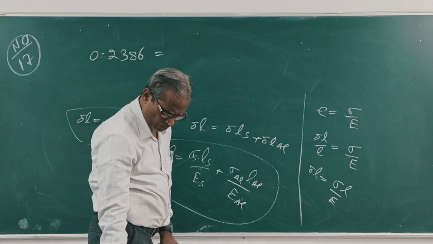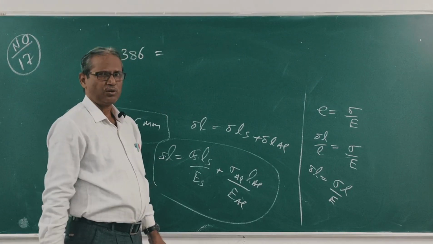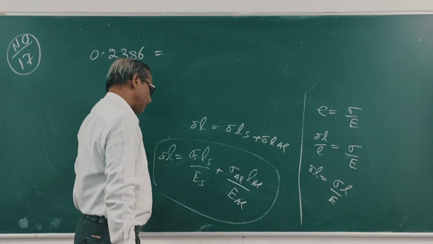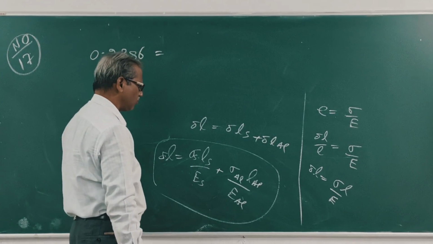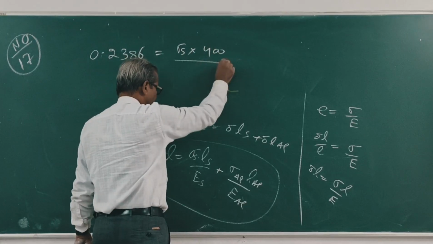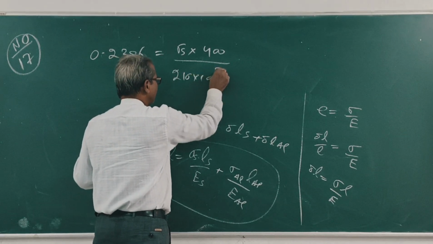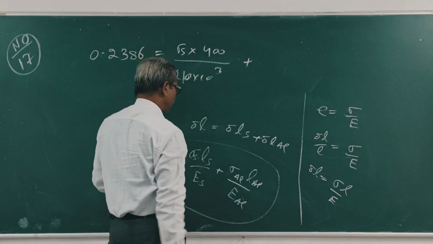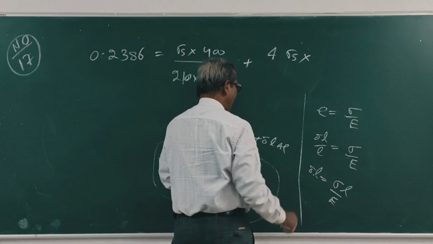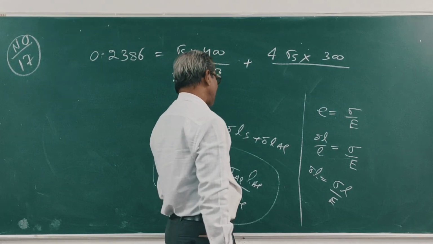Sigma A is equal to 4 sigma S. Now put all the values in this equation. 0.2386 is equal to sigma S into LS 600 by ES 210 into 10 to 3, plus sigma A. What is sigma A? 4 sigma S into L aluminum 300 by E aluminum, Young's modulus for aluminum.